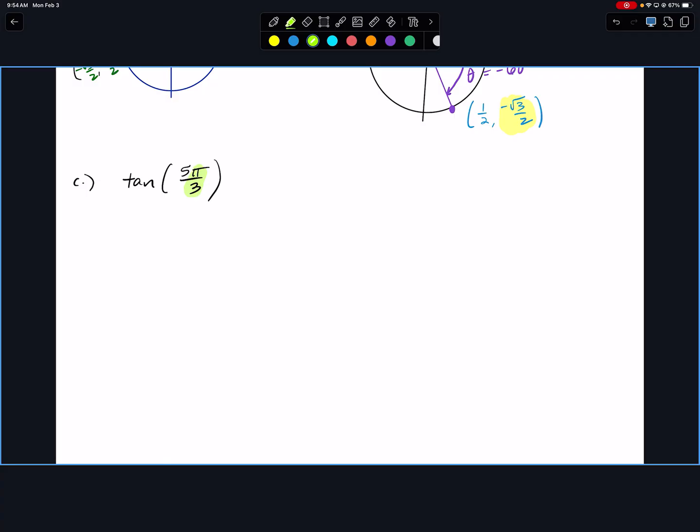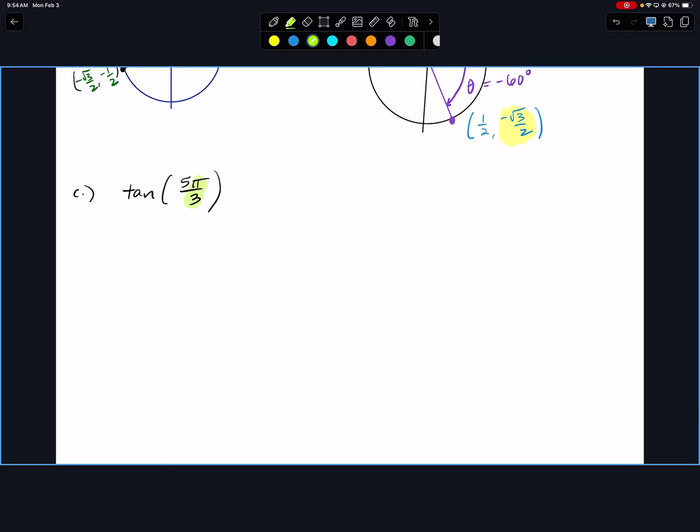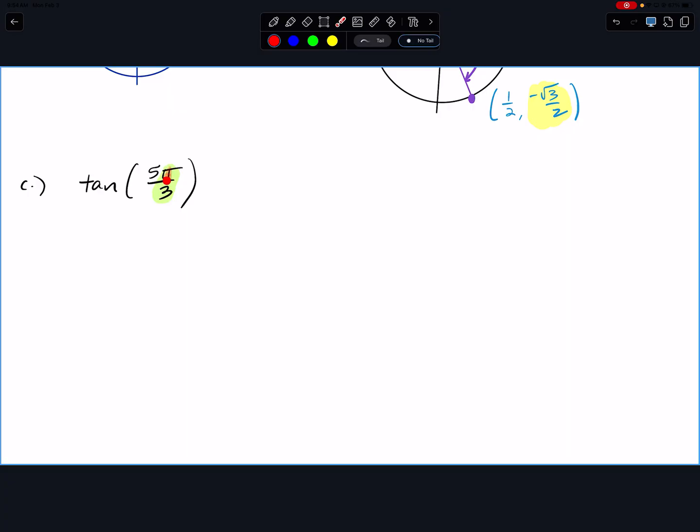Let's say you don't have your angles memorized yet. I need you to at least know what pi over 3 is. Pi over 3 is the same thing as how many degrees? 60. So the way you can think about it is it's 5 times 60. What's 5 times 60? 300. So this is the same thing as the tangent of 300 degrees. Is everybody with me on that?